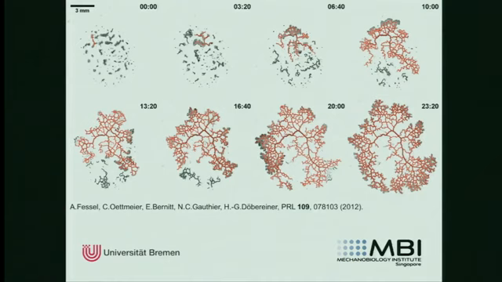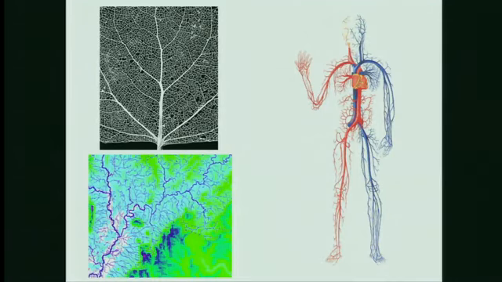There are main veins and smaller ones and so on. That's a feature I'm not going to talk about today, but obviously is something which is shared by many transport networks. If you look at the vein network in leaves, or the drainage network in a river system, or in fact the vascular system of our bloodstream, and I come back to the vascular system later.